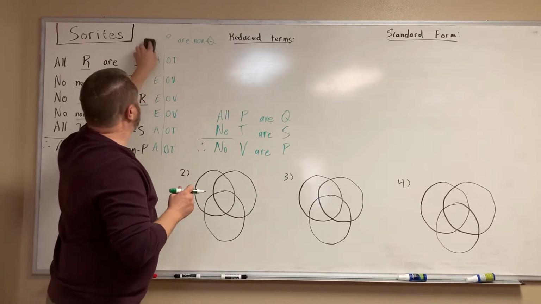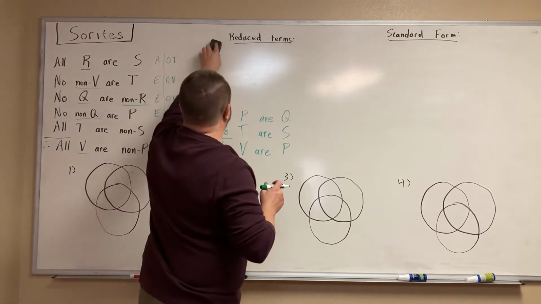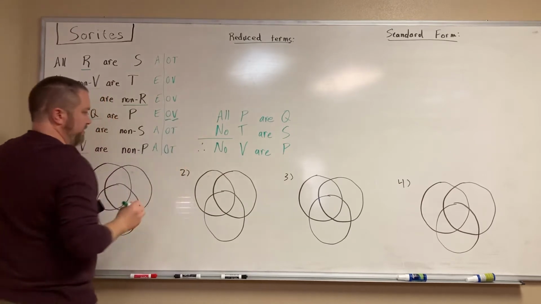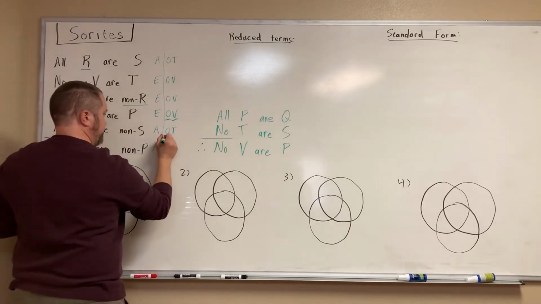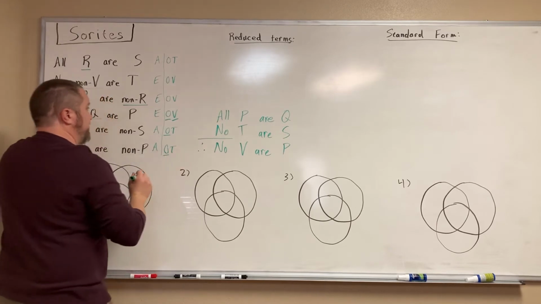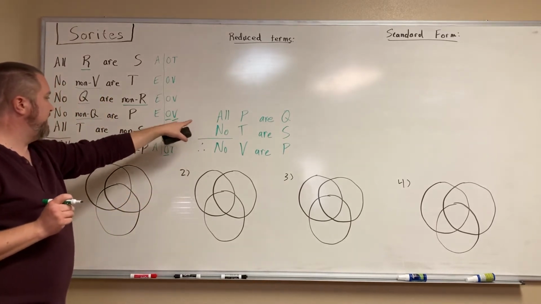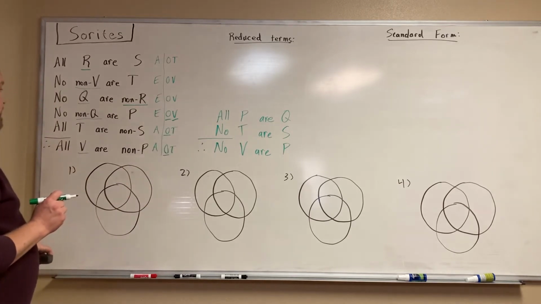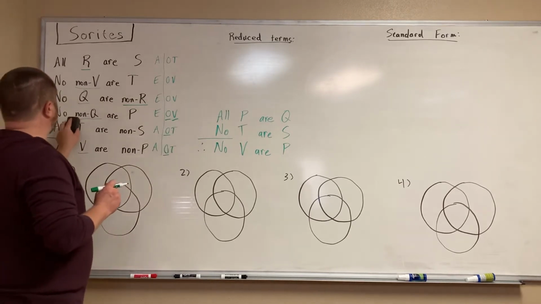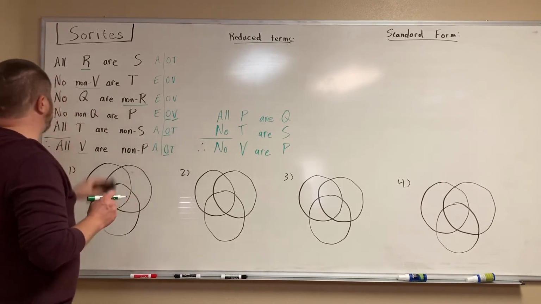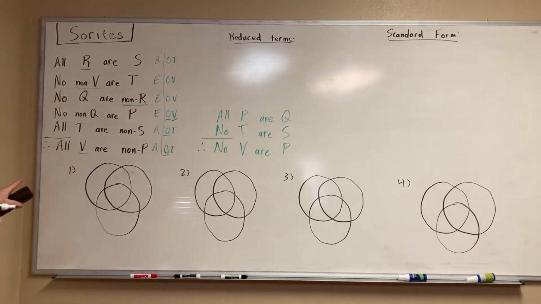So we did both conversion and obversion for that. Let me underline these so that you know what we did. These two we did just obversion. That one we did both conversion and obversion. And Q now is reduced, and we left P the same. So that got us one step closer.